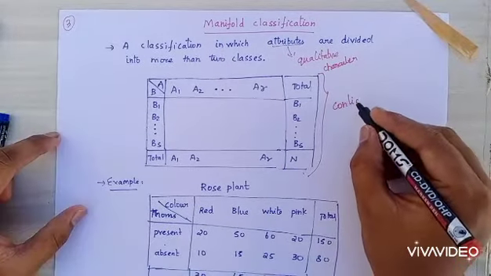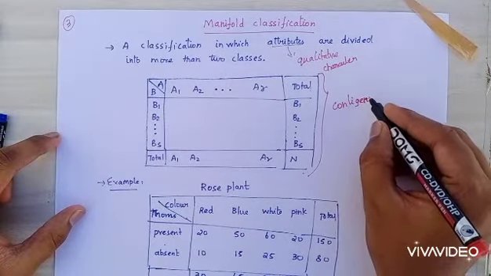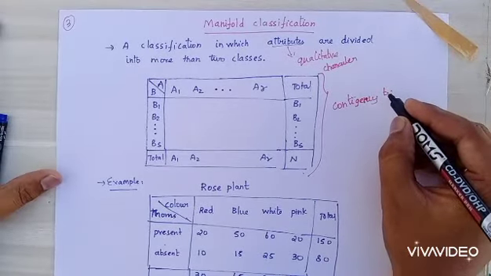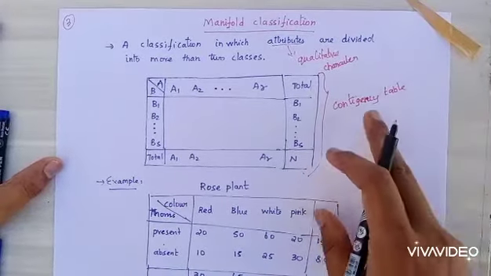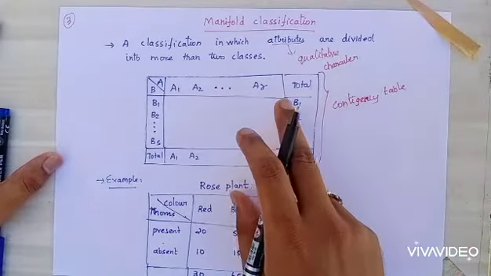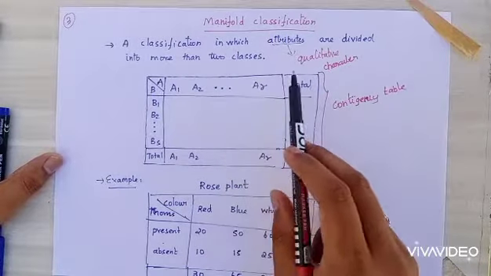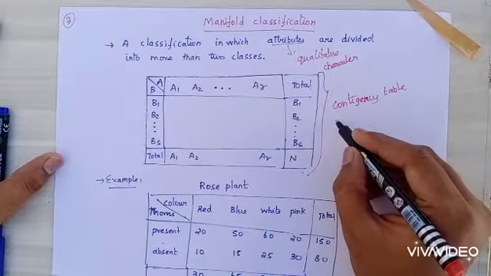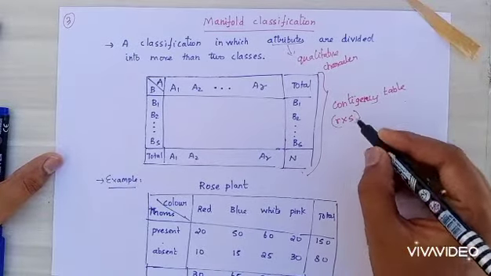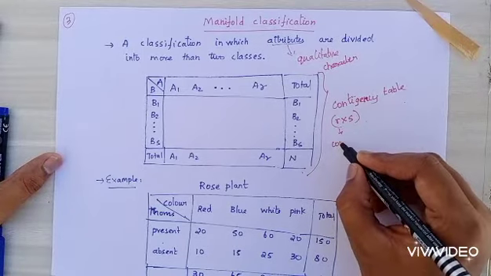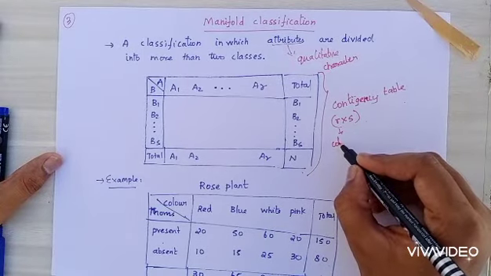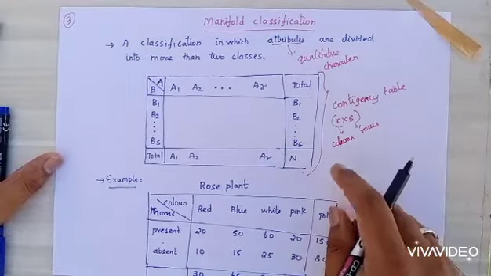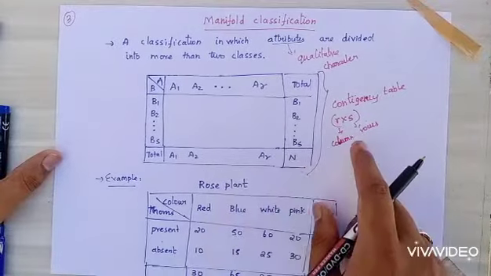We are presenting a manifold classification in the form of a table. So this is an R into S contingency table, with R columns and S rows.